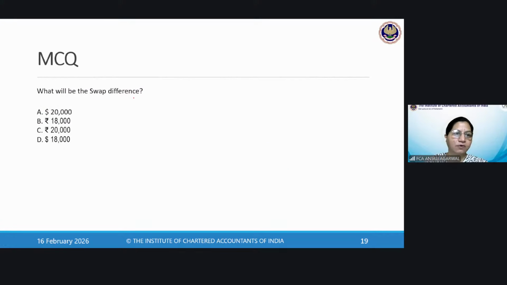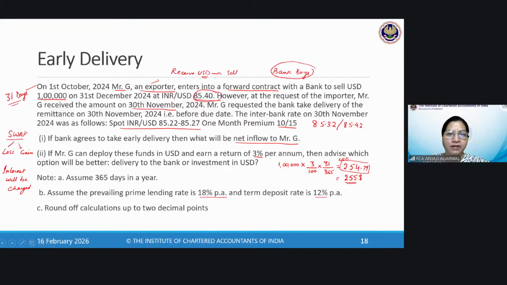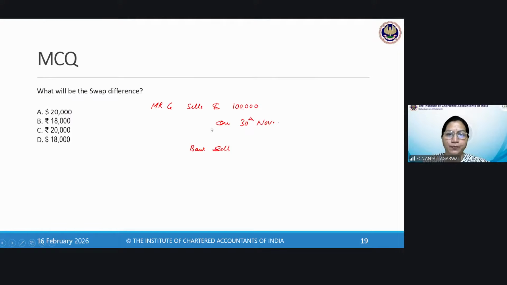First question is, what will be the swap difference? So what will happen is, when Mr. G sells these dollars 100,000 on 30th November, bank will sell these in the open market, and on 30th November the open market rate is 85.22.